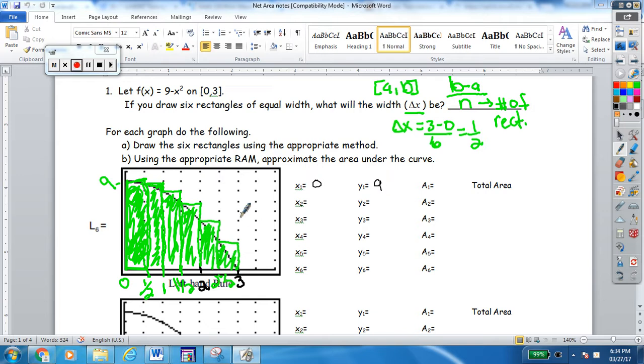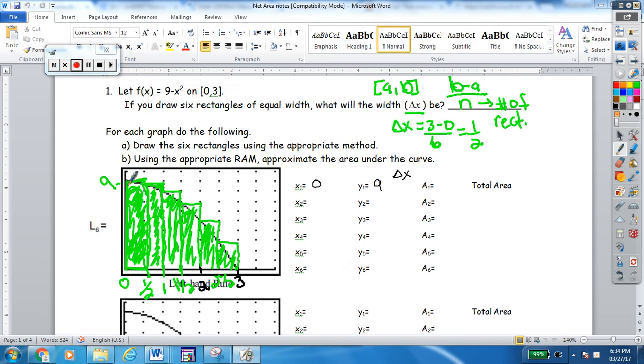Okay? Now, I should really add another column here, calling it delta x. Oftentimes students think you multiply 0 times 9, and you don't. x equals 0 is the value you plug into the function to get your y. Your y is your height.